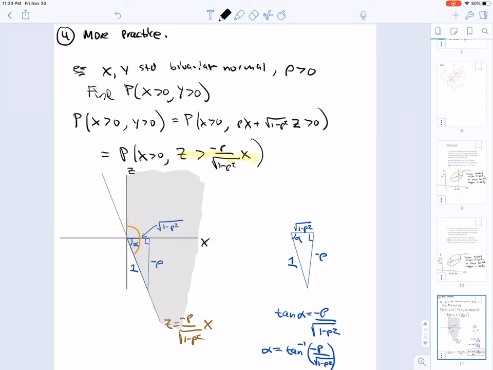this constant times x. So notice that now, because you've put it in terms of x and z, which are uncorrelated, the joint distribution of x and z is the uncorrelated bivariate normal, and that's sort of like a bell shape.